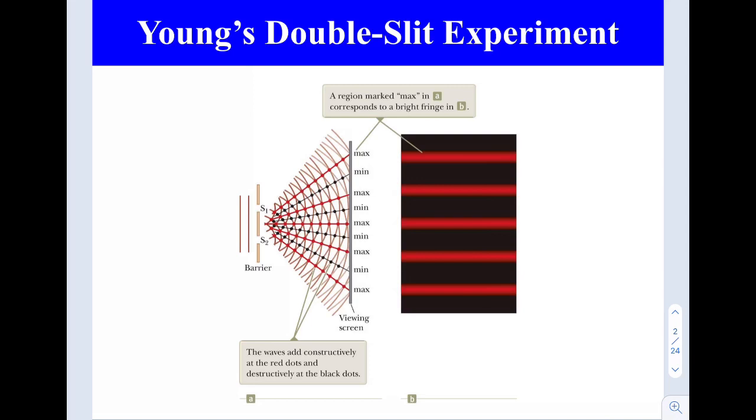Plane light waves arrive at a barrier where we have two slits, slit 1 and slit 2. This is a barrier. The long dimension of the slits is perpendicular to the page. The light rays from the two slits are in phase as they leave the slits.